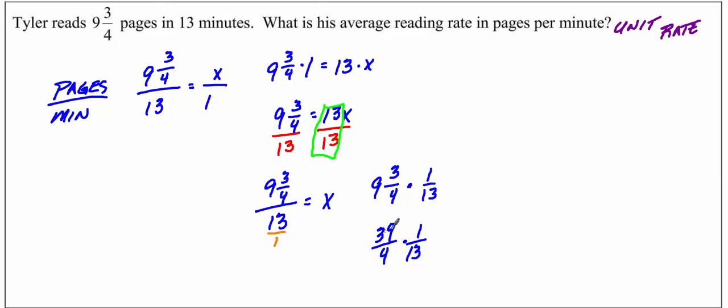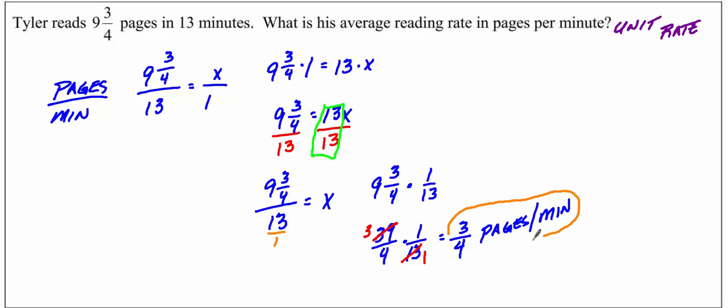You can multiply that starting right out, but you can also do some canceling. 13 goes into 13 one time. 13 goes into 39, 3 times. Now we have 3 times 1 is 3, 4 times 1 is 4. We're in simplest terms. We have 3/4 pages per minute, and that is our final answer.